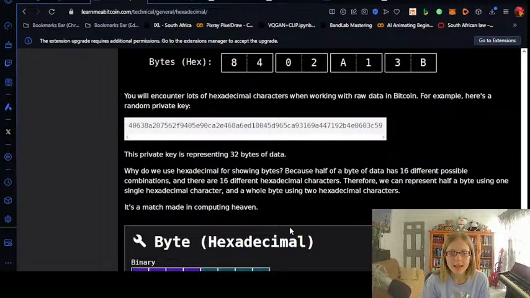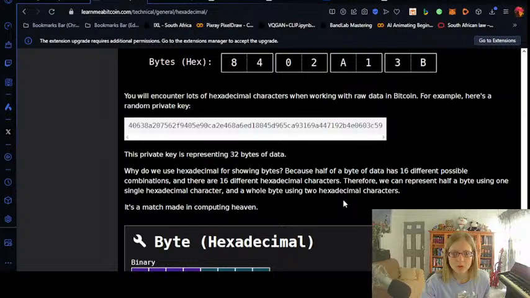For example, here's a random private key. This private key is representing 32 bytes of data. So if you think about it, 32 bytes, and there's 8 bits in each byte. So you would say 32 times 8, so it's got 256 bits of data.